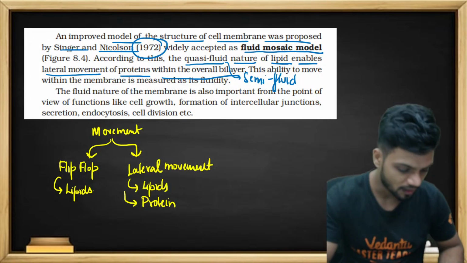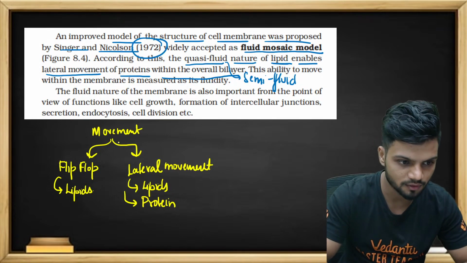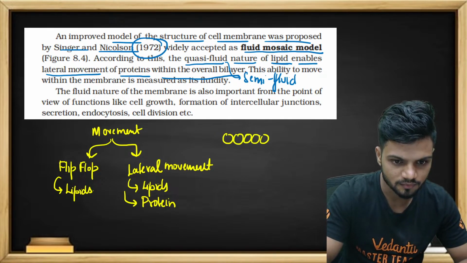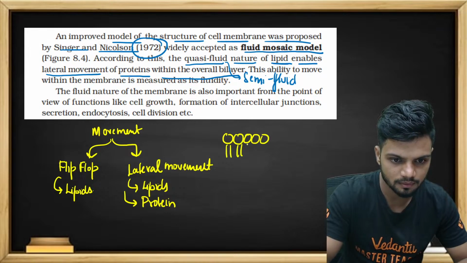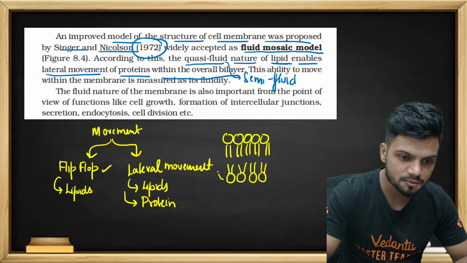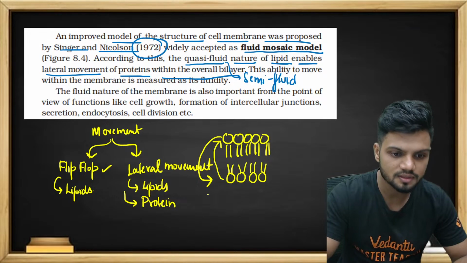Now understand. What happens in flip-flop first of all? I'll show you flip-flop first. This is the lipid bilayer. In flip-flop, this lipid will go this side and this lipid will come this side.